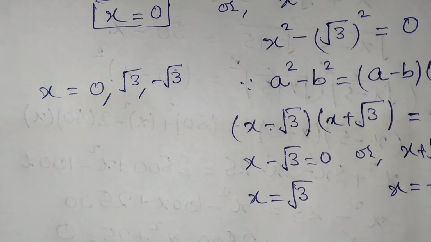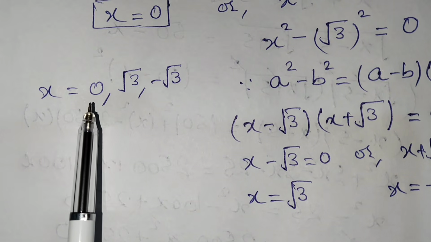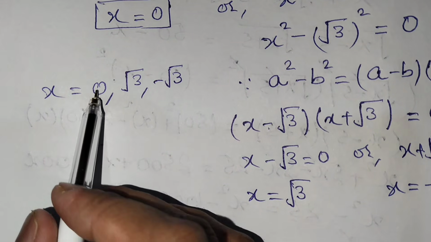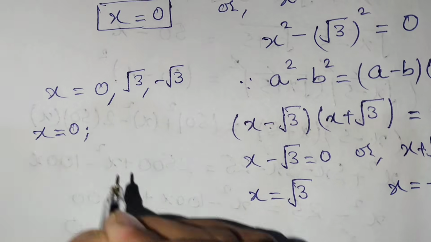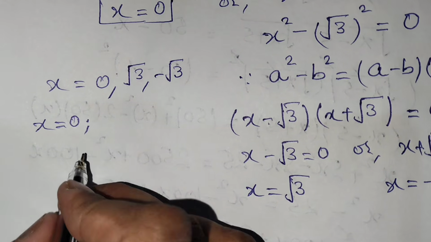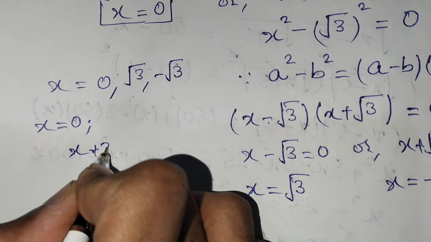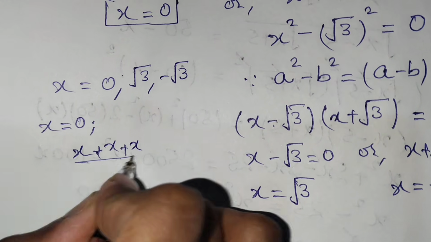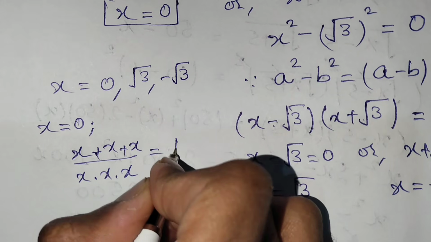Now we will check these values whether it verifies the given equation or not. We will take first x equals 0. For the verification process we have given (x plus x) divided by (x times x) equals 1.